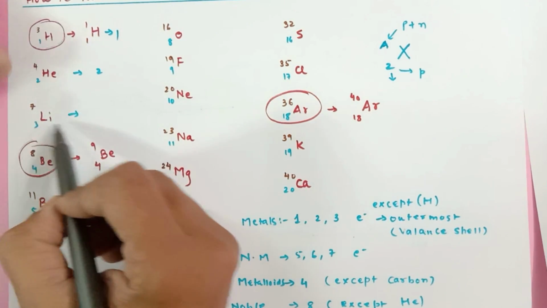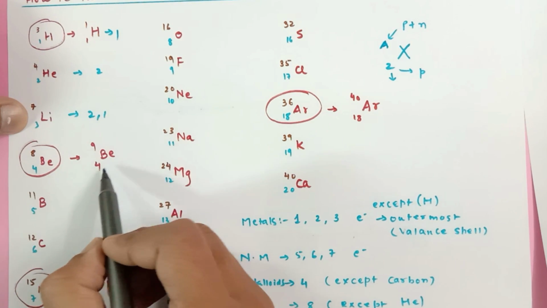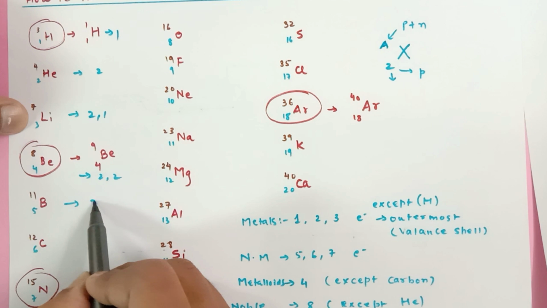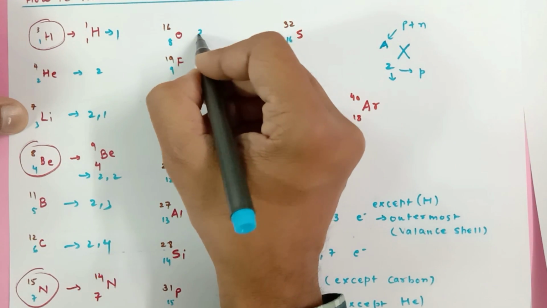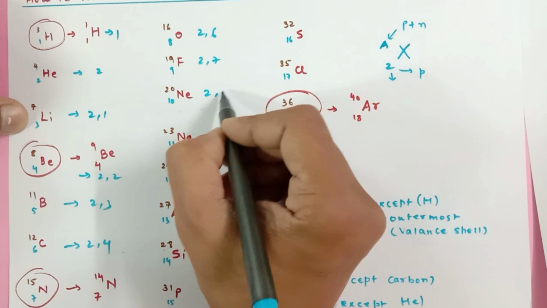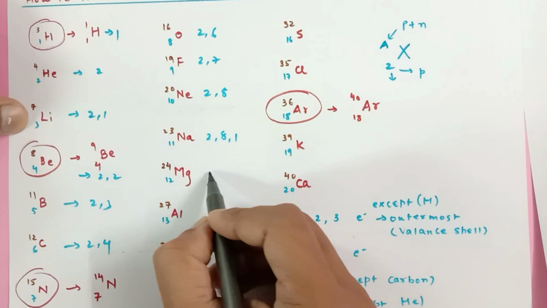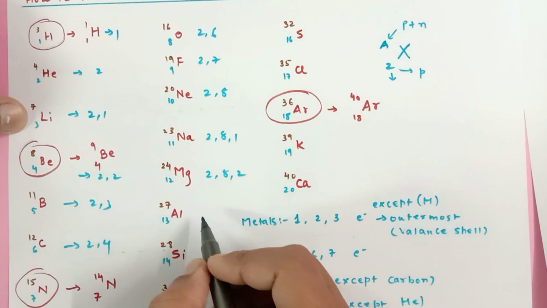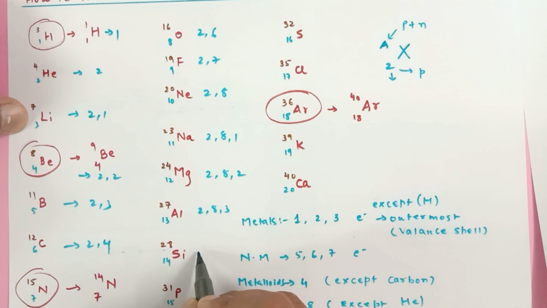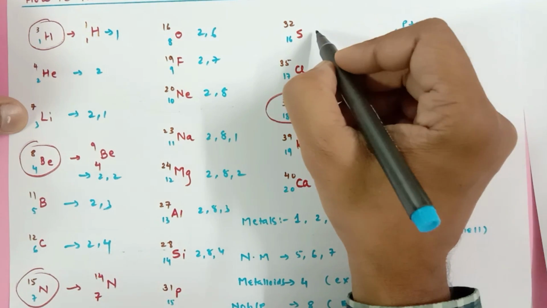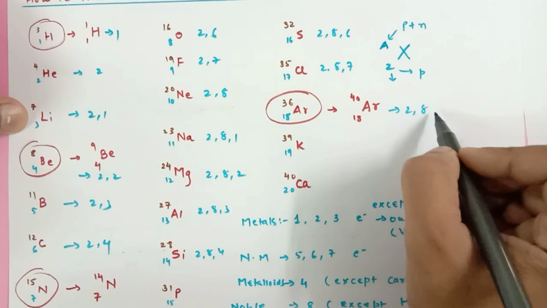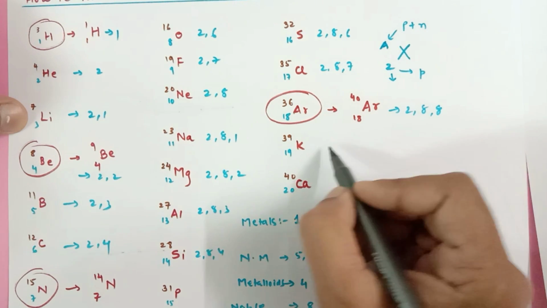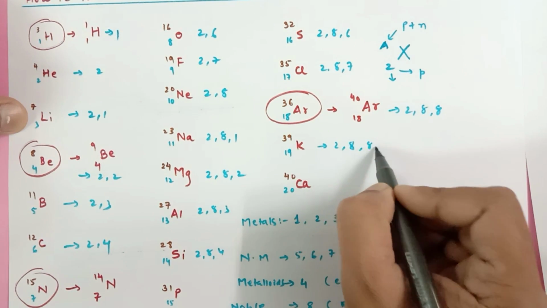This is 2, electronic configuration is 2,1; this will be again 2,2; this is 2,3; 2,4; 2,5; 2,6; 2,7; 2,8; 2,8,1; 2,8,2; then 2,8,3; 2,8,4; 2,8,5; then 2,8,6; 2,8,7; 2,8,8; 2,8,8,1.